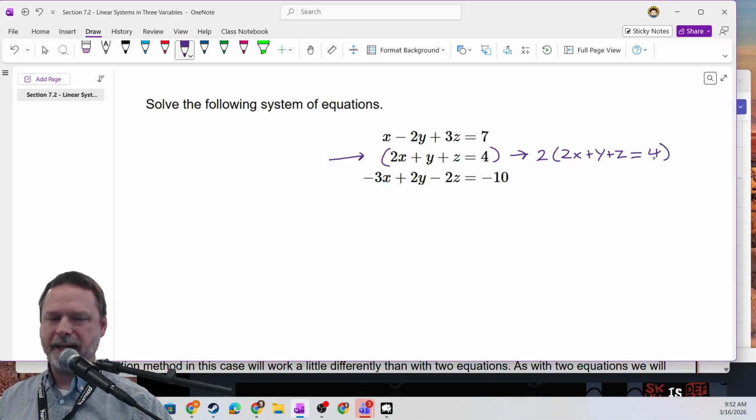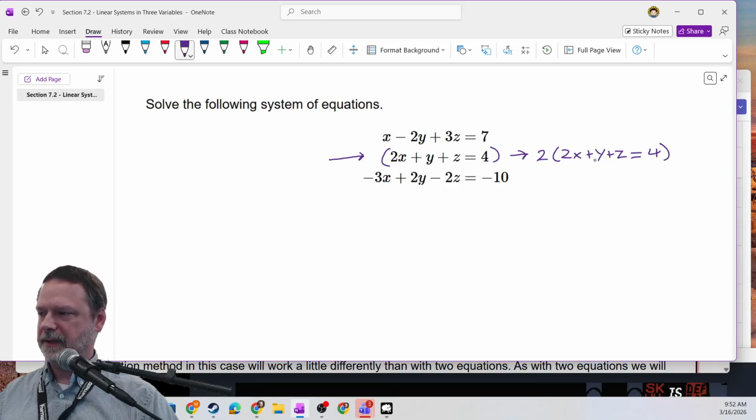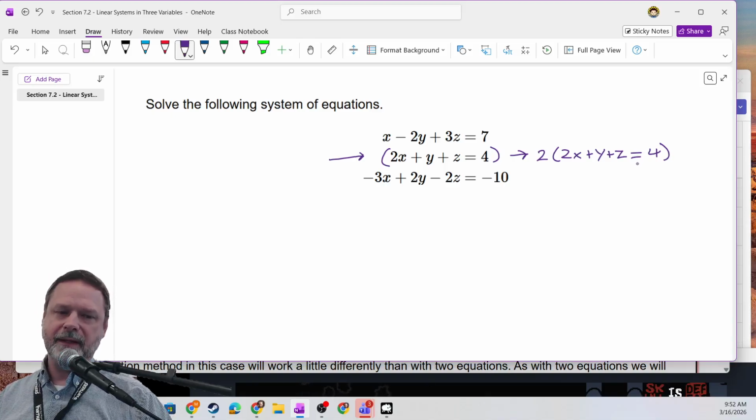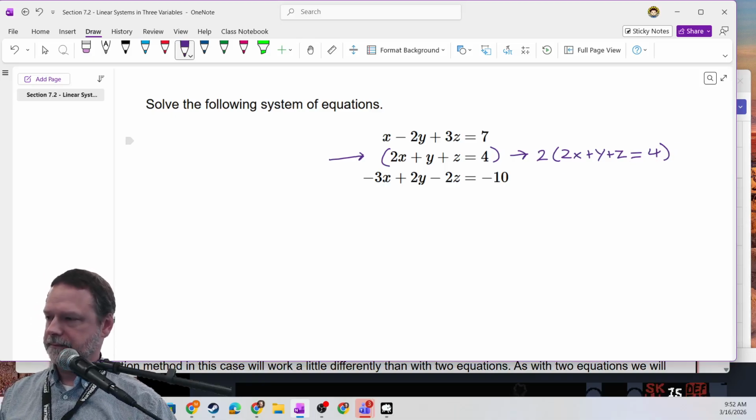We're going to multiply that whole thing by 2. And we can do that because really I'm just multiplying the left side of the equation by 2 and the right side of the equation by 2. So I'm going to get an equivalent equation. It'll have the same solutions, but it'll look different, which is fine.